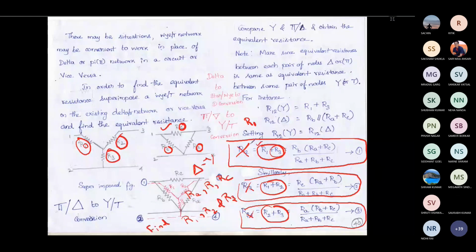We have R1 plus R2, R1 plus R3, R2 plus R3. If we reduce the equations in such a way that we get only R1 on the left side, then R2, then R3, we can find the value of the individual resistances. That is what we are going to do next.